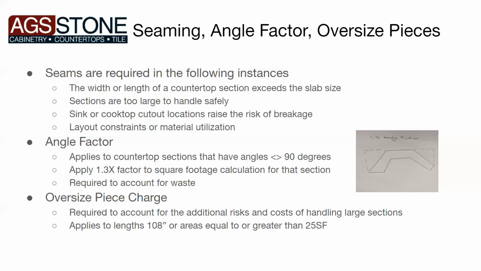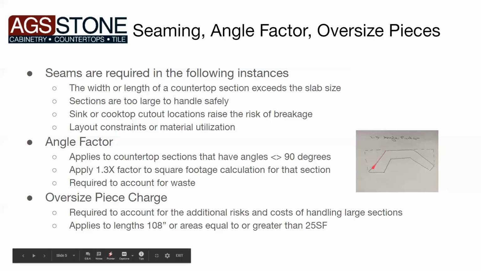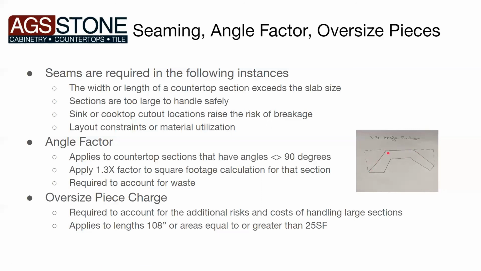Angle factors. When you have that bat wing that we described earlier, and you can see this little sketch that I put over here, an angle factor is to address this problem. When we're doing an angled piece like this, we try to avoid seaming at each of these junctions, because that seam is going to be a little longer because it's an angled seam.